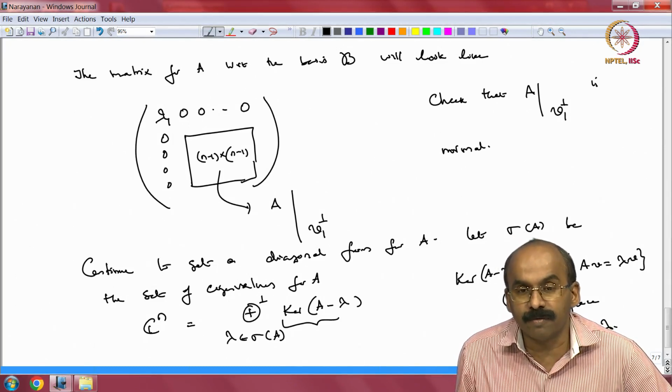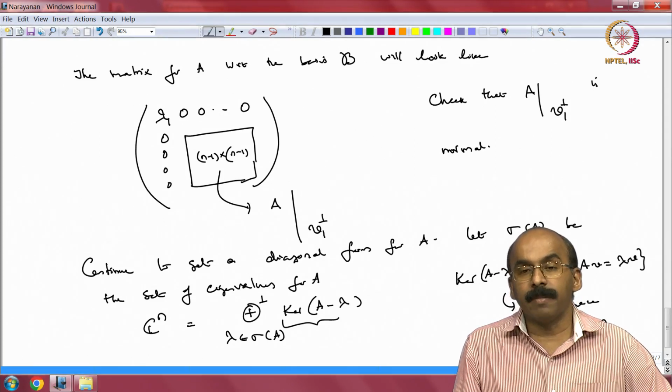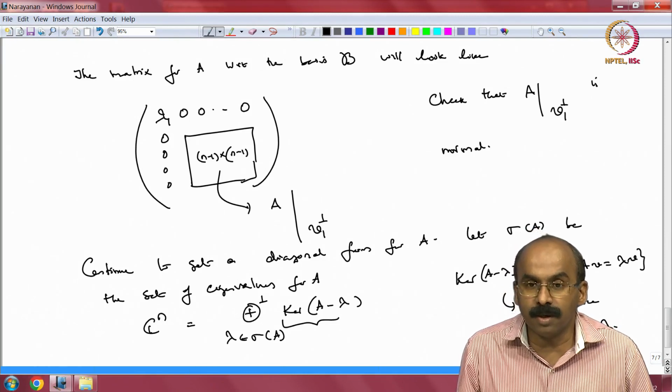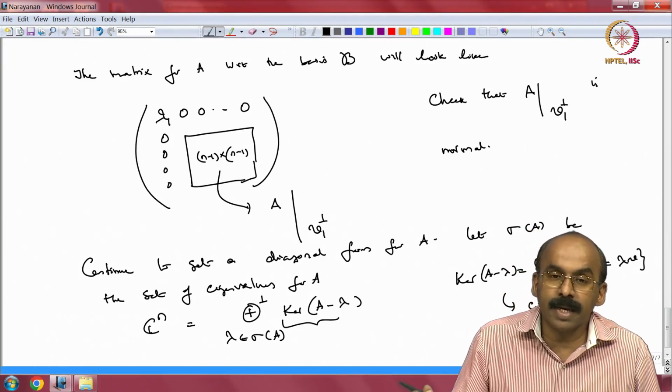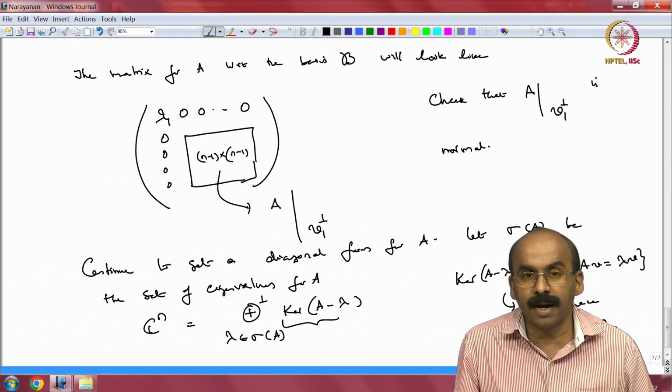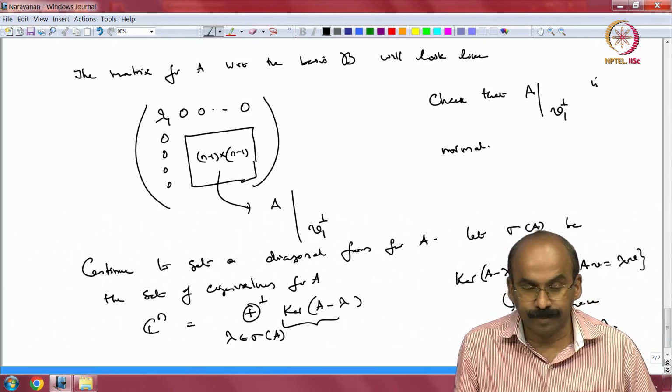So, if I take a vector Z from kernel of A minus lambda, A Z is simply lambda Z, right, because it is in the kernel of A minus lambda. So, it is simply multiplication by lambda on that eigenspace, and that is precisely the diagonalization of the matrix A.